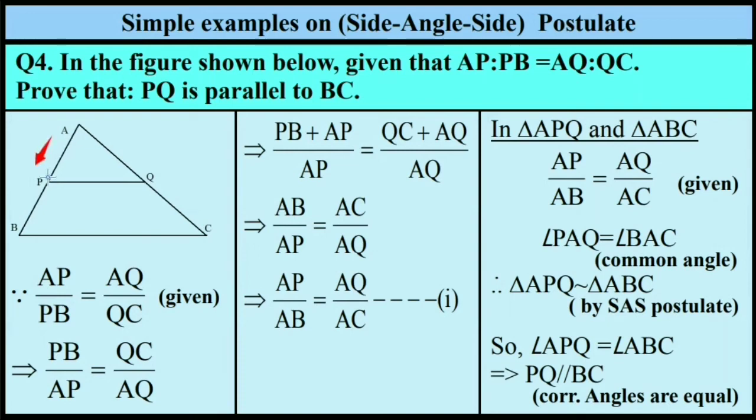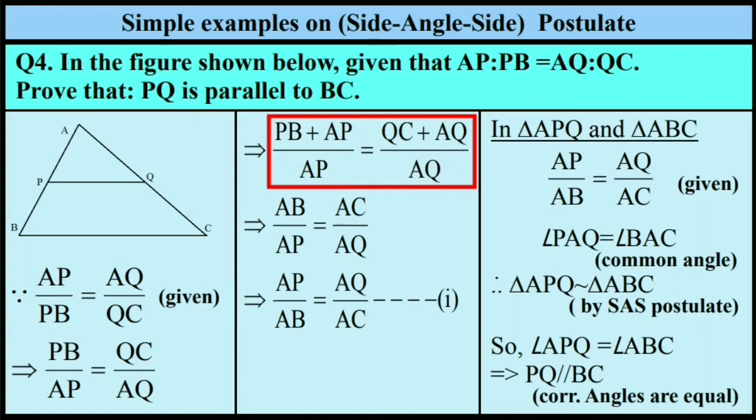According to the question, AP by PB is equal to AQ by QC. Hence, to prove PQ is parallel to BC. AP by PB equal to AQ by QC, that is given. Both sides of the equation are inverted and we obtain PB by AP is equal to QC by AQ.